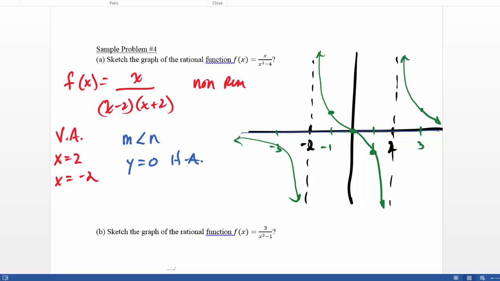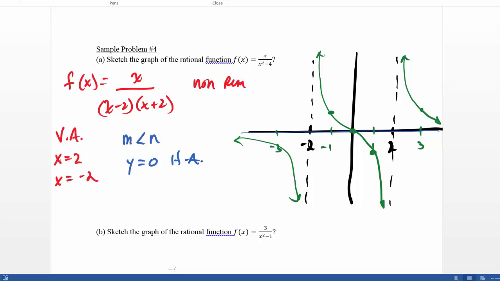Okay, and as we look here at this first problem, I've started by factoring the denominator. We can clearly see that we have non-removable discontinuity, which is going to create vertical asymptotes. The two vertical asymptotes are going to be x equals 2 and x equals negative 2.